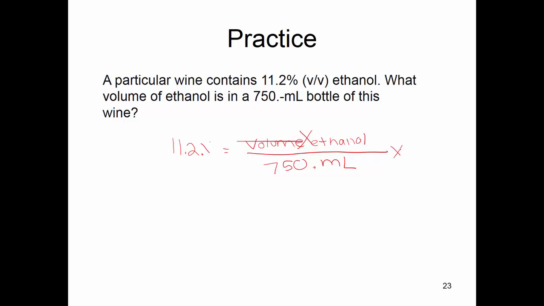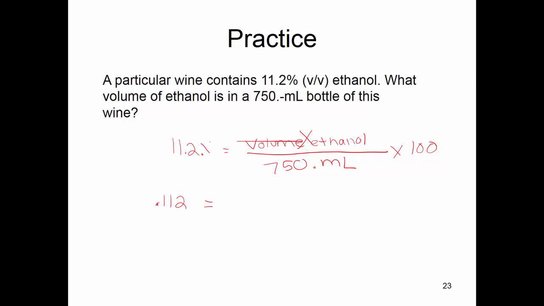Now remember, this is times 100. So what I do is I go ahead and move my decimal back. Some of you will get the wrong answer if you don't do that. So move your decimal back 2 places to account for that 100%.